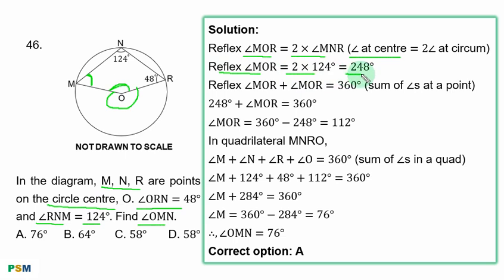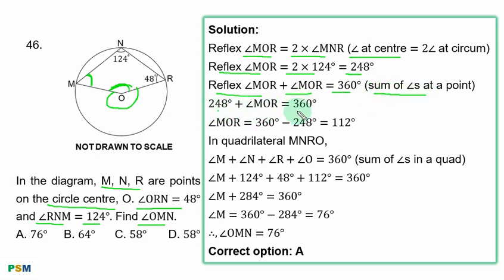The reflex angle MON becomes 2 times 124 degrees. That is 248 degrees. We need the obtuse angle. You have to add the reflex angle to the obtuse angle. The sum is equal to 360 degrees, sum of angles at a point.